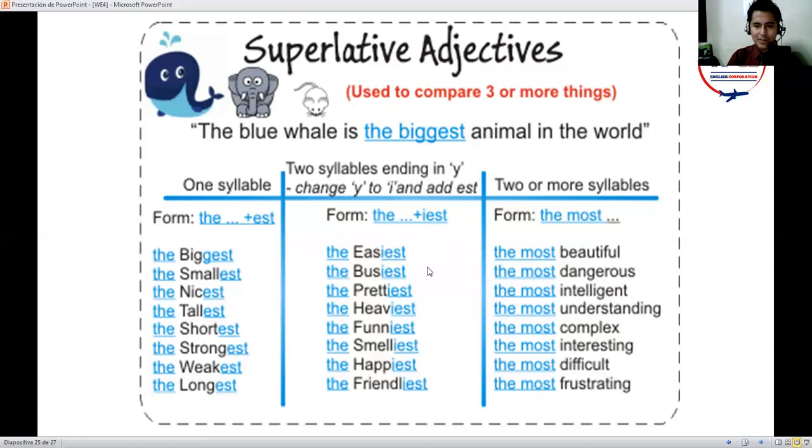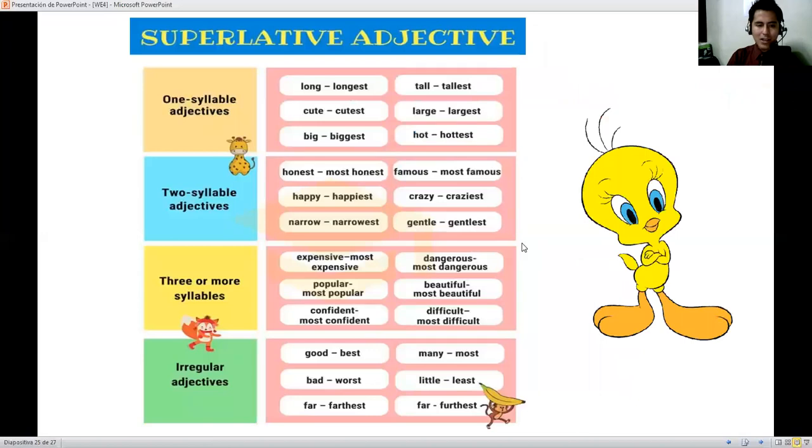Okay? And now, what do we have in this part? We are going to check some other cases. Now we are going to repeat some rules, but we are going to have more examples. For example, remember, with one syllable adjectives, what do we add? est.